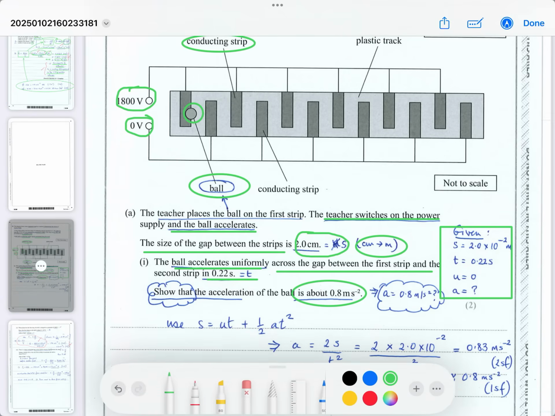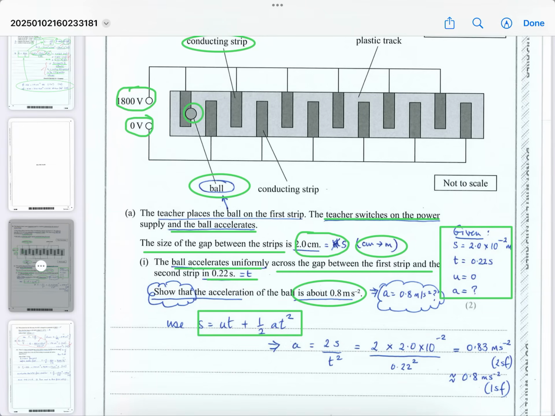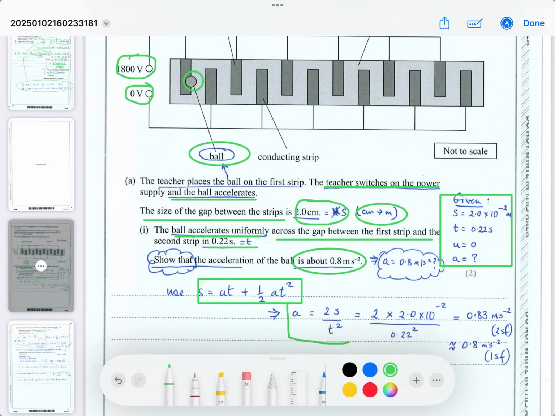So once you are using s equals ut plus half at squared, where u is 0, you can change the subject of the equation to make a the subject as 2s over t squared.